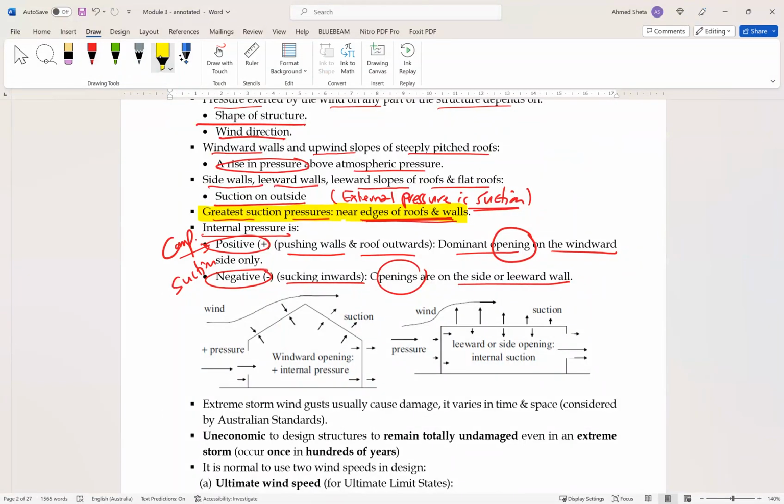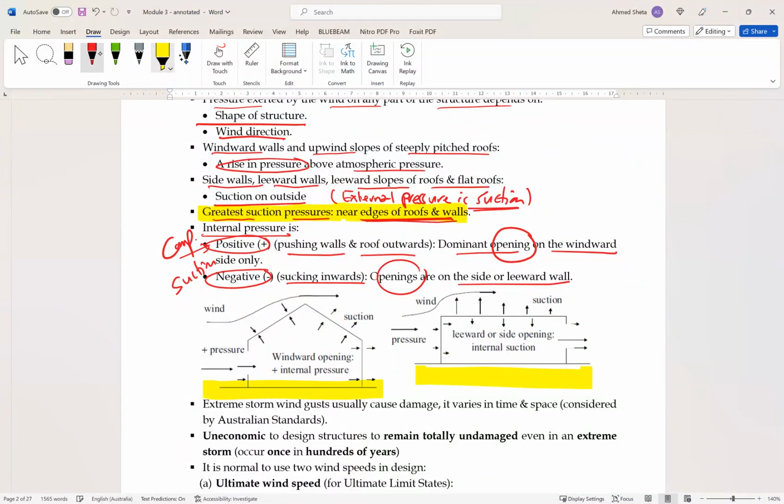This is explained in these two figures. As you can see, if this is the wind direction and we have an opening here in the windward direction, all the internal pressures are pushing the wall and the roof, so it is positive or compression.